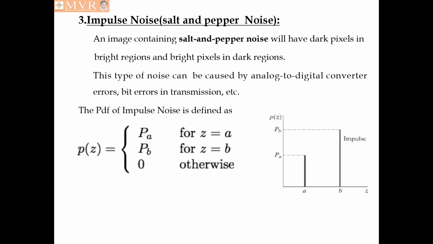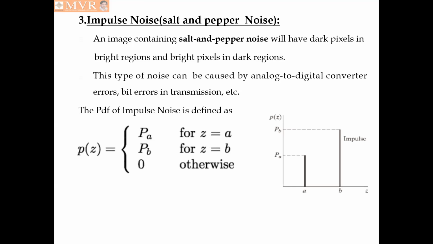The small white dots are salt, and the dark dots are pepper. This type of noise can be caused by analog to digital conversion, where some errors will occur. In this analog to digital conversion, errors cause impulsive noise. Bit errors which occur in the transmission also cause impulsive noise.